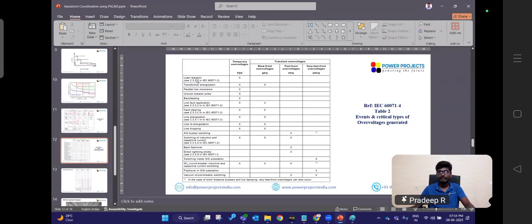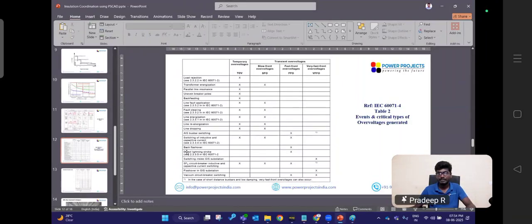Clear? So for TOV: load rejection, transformer energization, parallel line resonance. Coming to here, line fault application, fault clearing, line energization, de-energization are also applied here, but it can be done in both cases, see here, but we are bringing them to my SFO. Clear?